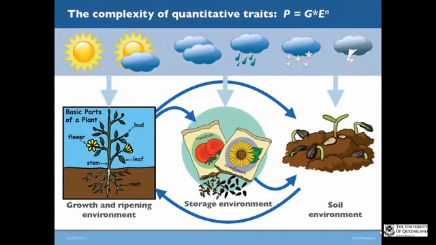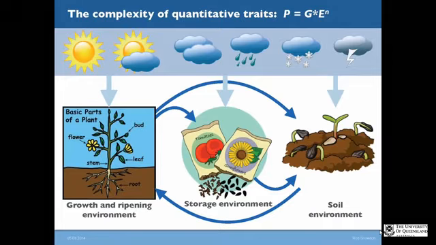And the example is something which is a little bit more complex than a normal genotype-environment interaction. We're looking at germination and emergence as a complex. And this is more complex because we don't just have a single environment that we have to deal with. We have, of course, the environment where a seed is sown. So you have the soil environment, soil moisture, encrustation of the soil surface, temperature, and so on.